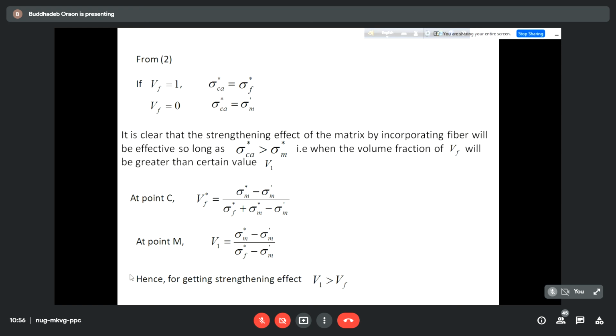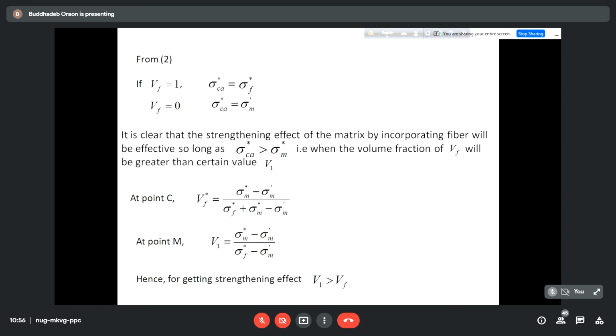We have discussed different types of fibers and their function also. You know there are three different types: whiskers, then fibers, then wires. So at that point you will have to take the cost factor into consideration also.